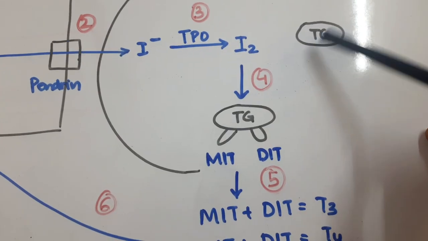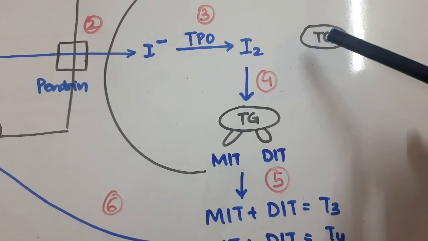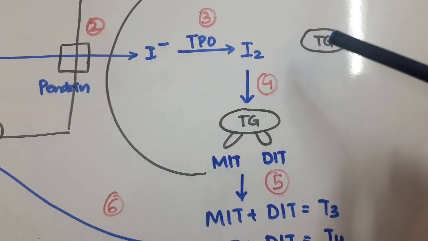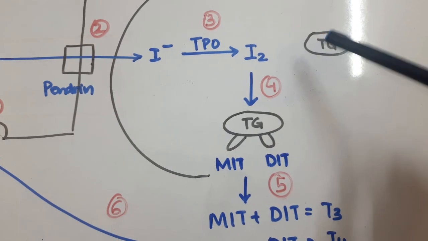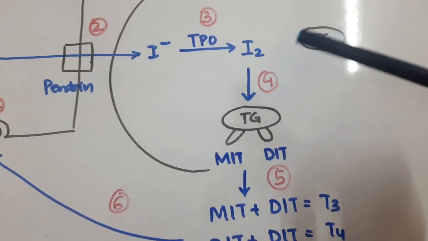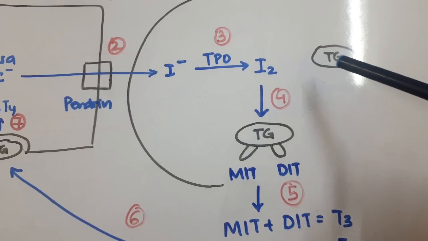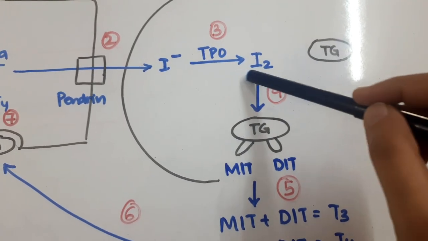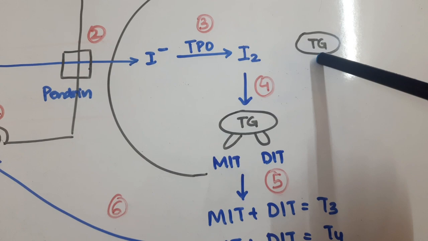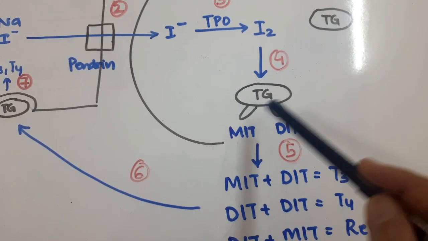Now in the fourth step, we have something called thyroglobulin. And this thyroglobulin is rich in tyrosine residues. It's rich in a lot of tyrosine molecules. What will happen in the fourth step is iodination of the tyrosine present in the thyroglobulin. So this iodine will combine with the tyrosine present in thyroglobulin and it will form this structure.